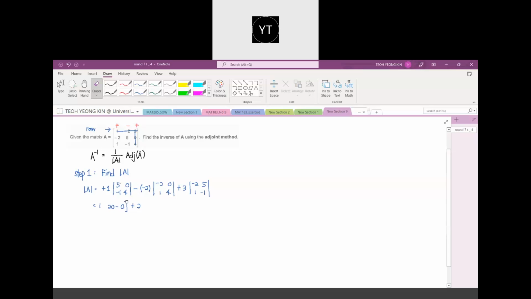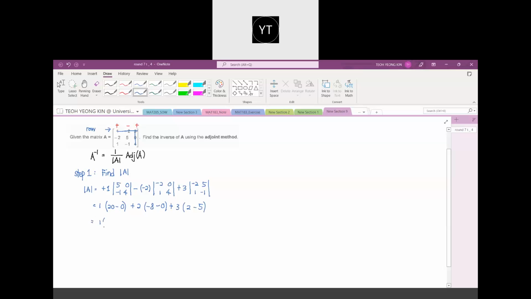Saya guna kurungan bulat kat sini. Next is negative, negative becomes positive. And then 4 times negative 2, so negative 8. 0 times 1, 0. Plus 3. Finally, this one. Negative 2 times negative 1, positive 2. Minus 5 times 1, 5.